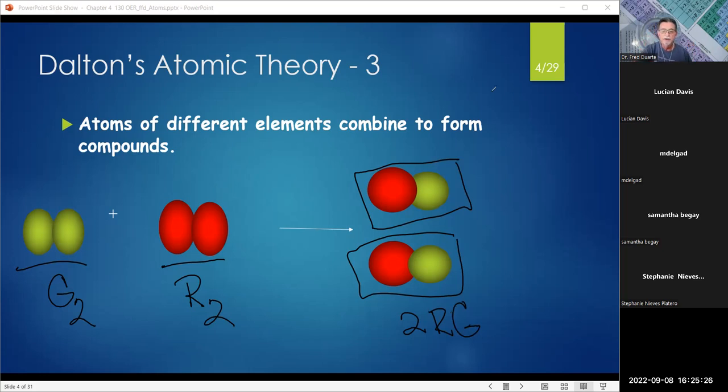Now you can see here a couple of things that we need to take away from this. One is what is called the conservation of matter. This is one of the laws of physics, laws of chemistry, that matter is conserved. We do not create matter, nor do we destroy it. We just move things around.